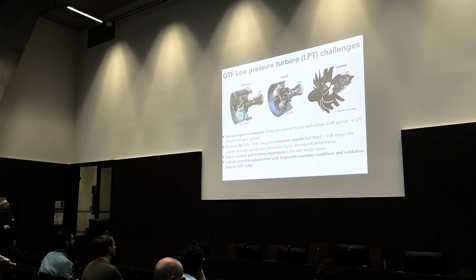It will lead to moderate Reynolds number flow and transonic speed, meaning speed at quite an elevated Mach number compared to classical turbomachinery applications. And this impacts the boundary layer flows and the compressible effects with the shocks, and also thus the aerodynamic performance of the component.